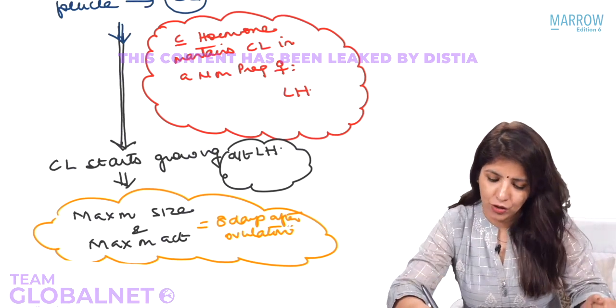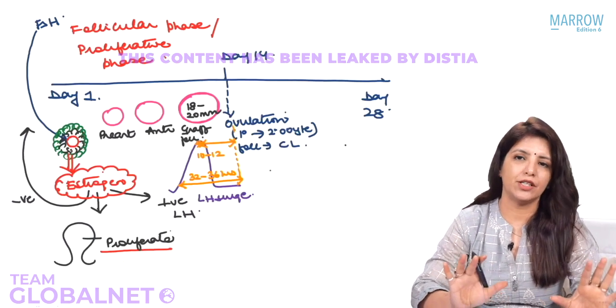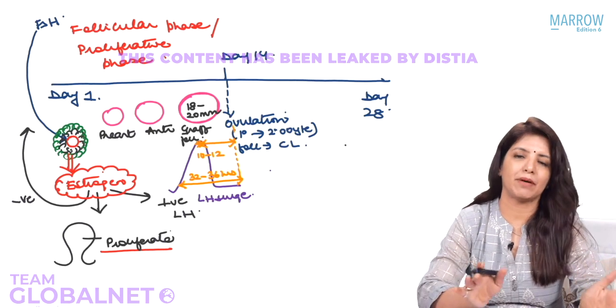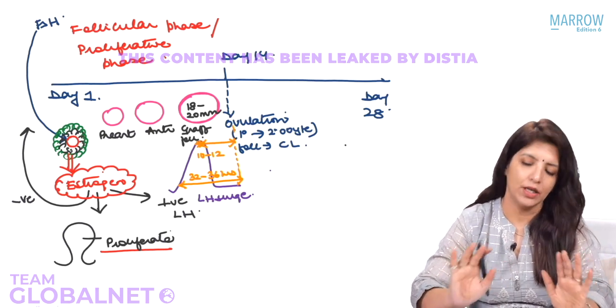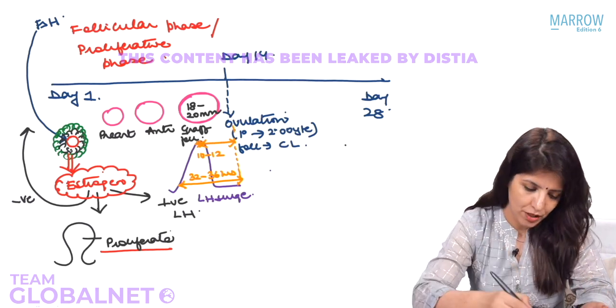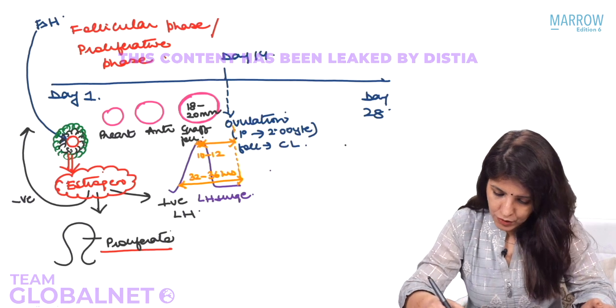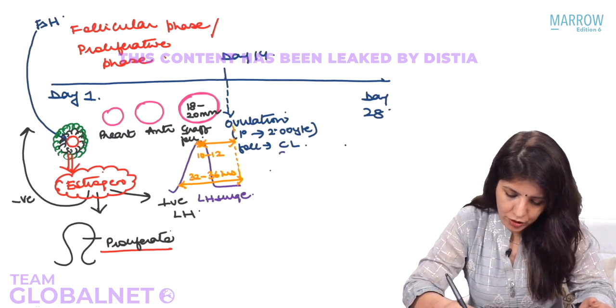Now let us draw this much on our line diagram. In this line diagram, we did till ovulation, and I told you that the primary oocyte is getting converted into secondary oocyte and the follicle is getting converted into corpus luteum. So let us draw our corpus luteum. This purple color, what I am drawing, is corpus luteum.